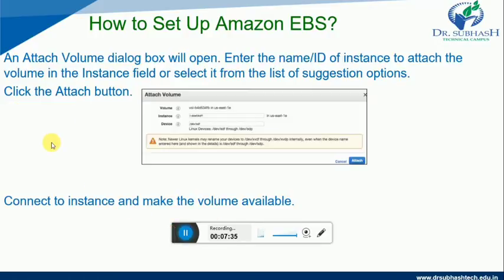Next, an attach volume dialog box will open. This will look like this. Enter the name and ID of the instance to attach the volume in the instance field or select it from the list of suggested options. Click the attach button that you can see here. Then connect to the instance and make the volume available.